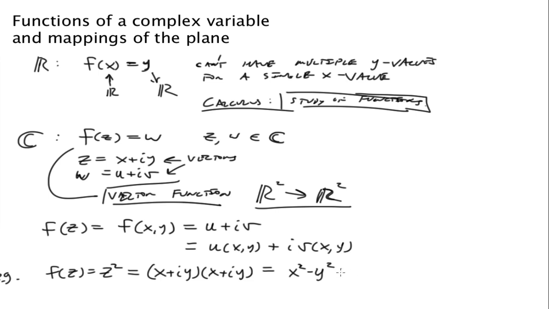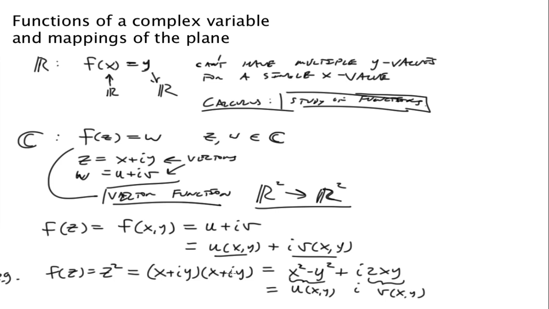And then also a plus i 2xy from the two cross terms that get multiplied out. We can see clearly that this is our u function right here, and this would be our v function of x comma y. So now we see an example of how this works out.